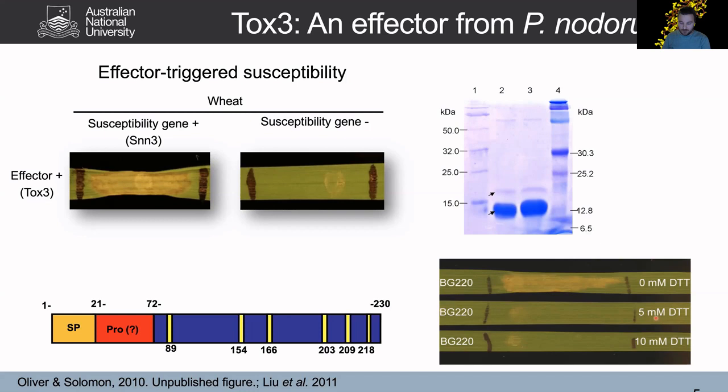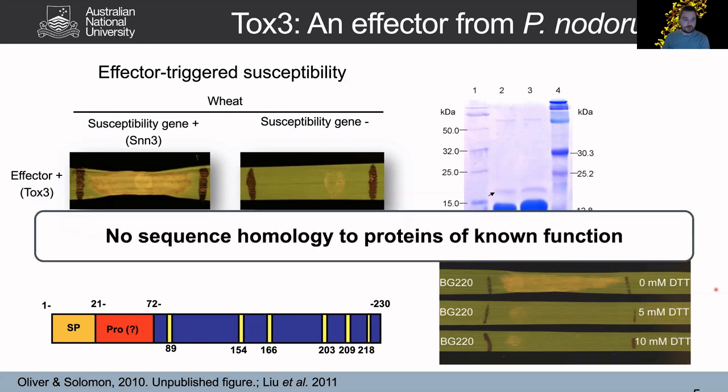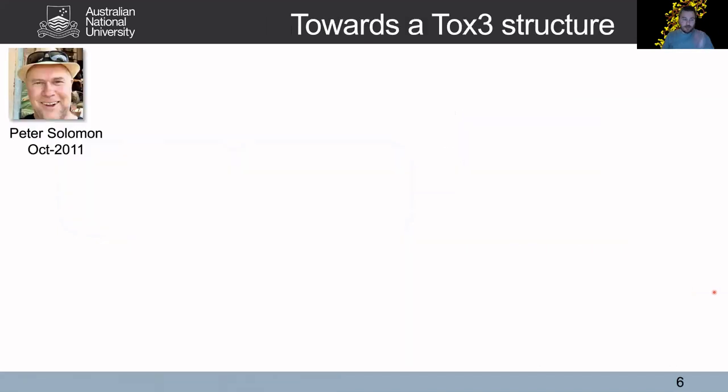So we know that the disulfide bonding is important for the function of TOX3. But when you look at the sequence, there's really no clues about what the protein might look like or how it might function.